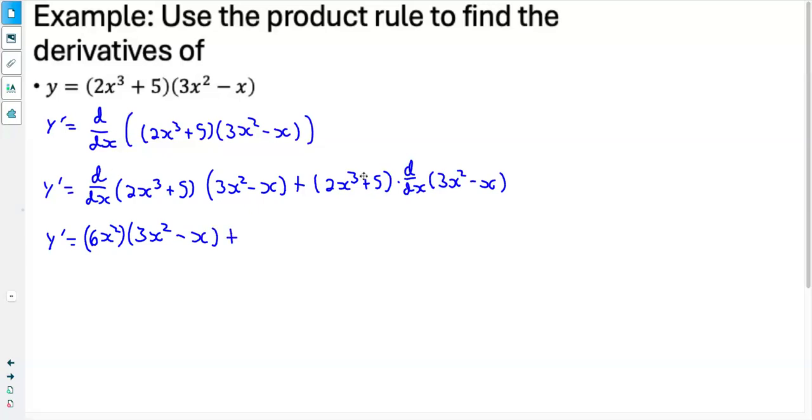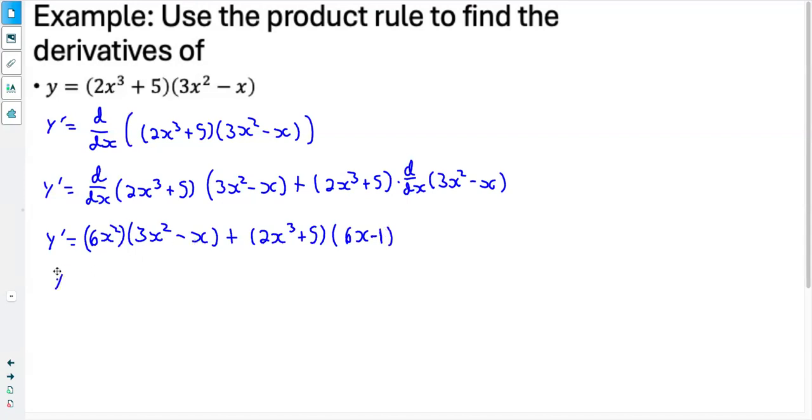Then we have plus 2x cubed plus 5 times the derivative of this. The derivative of 3x squared would be 6x. The derivative of x is 1. So we've got minus 1.